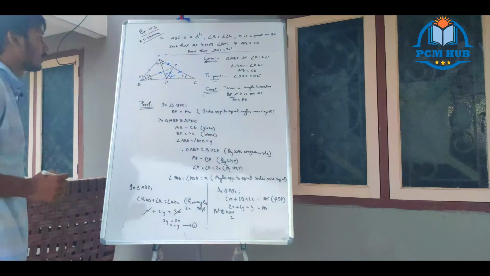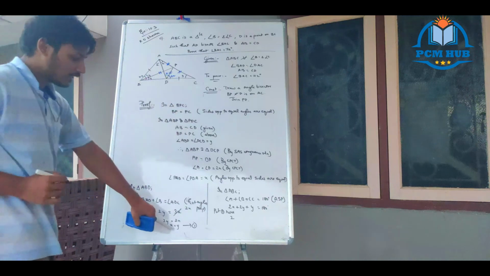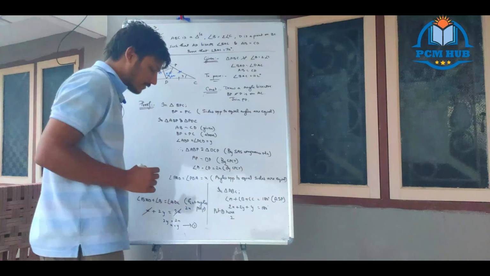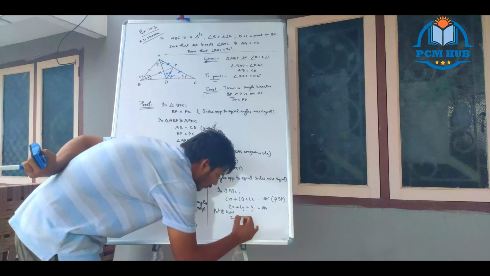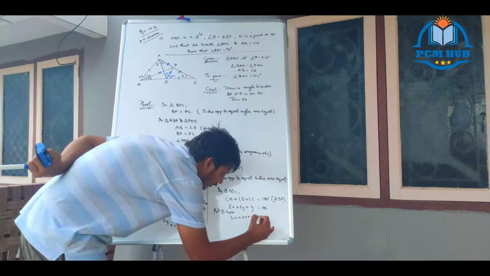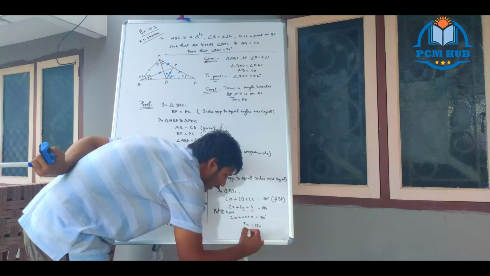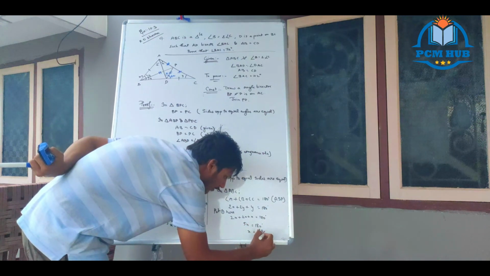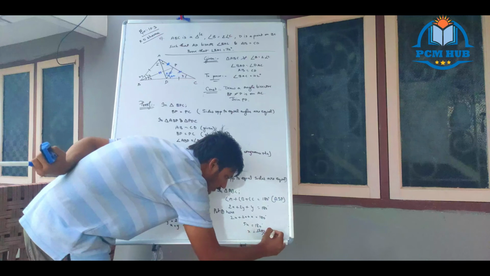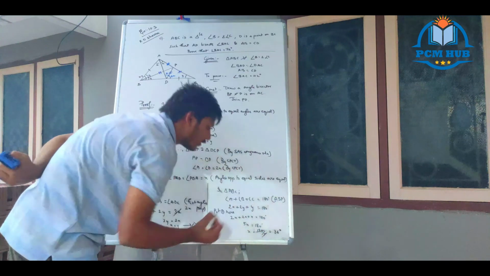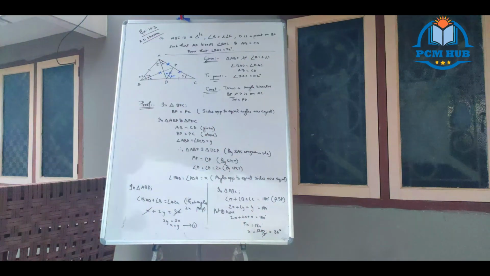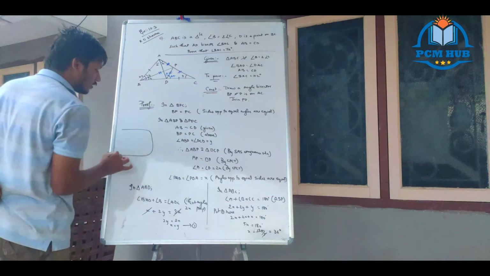What do we need? x we need. Therefore we can put x in the place of y. So 2x plus x equal to 180 degrees. So 5x equal to 180 degrees. So x equal to 180 by 5, which is 36 degrees. So x is 36 degrees. Clear? So what is the inference we need?